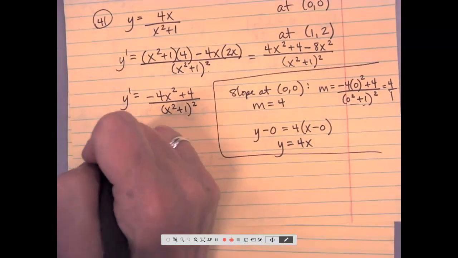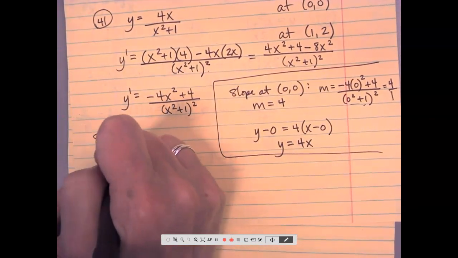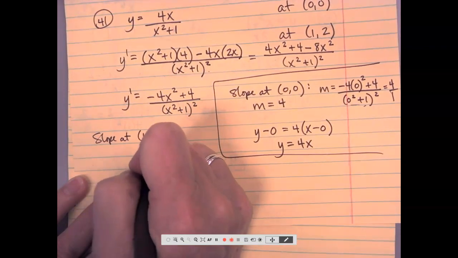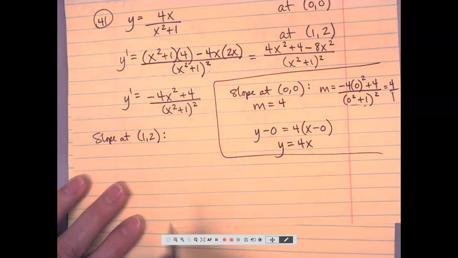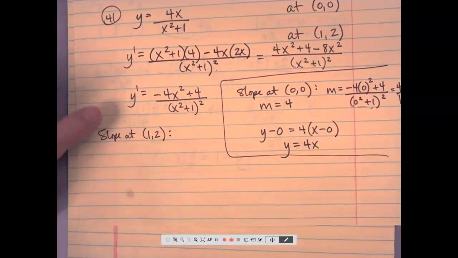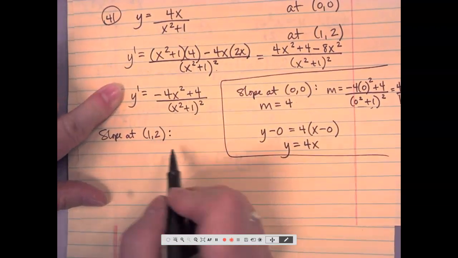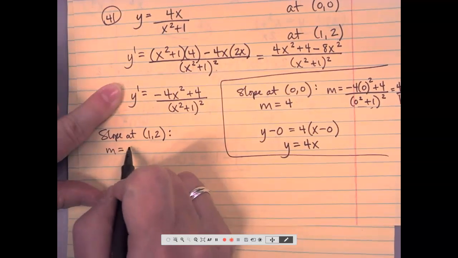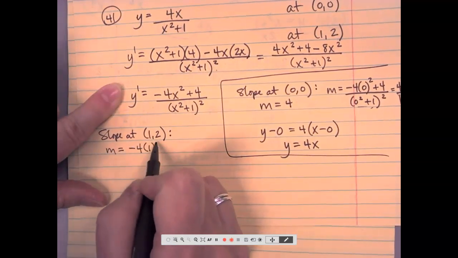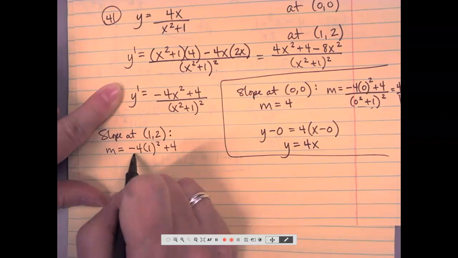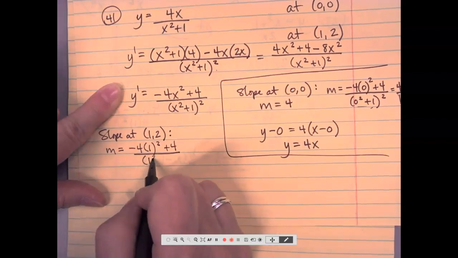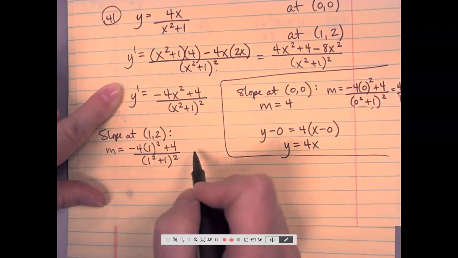Now I want to find the slope at the other point that they gave us, (1, 2). So here's my formula for slope. x is 1 at this point, so the slope will be negative 4 times 1 squared plus 4 over 1 squared plus 1 quantity squared.